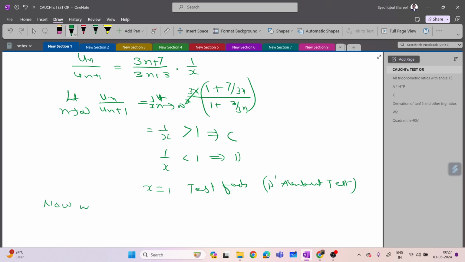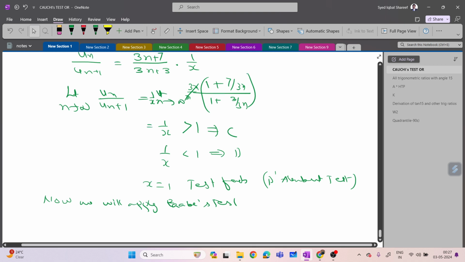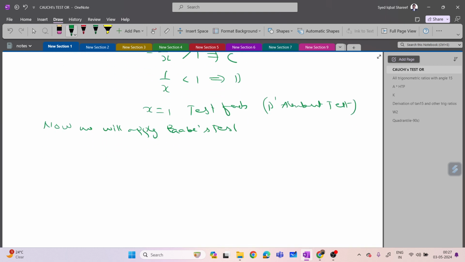Now we will apply Raabe's test. So u_n by u_(n+1) minus 1. u_n by u_(n+1) is 3n plus 7 by 3n plus 3, minus 1.